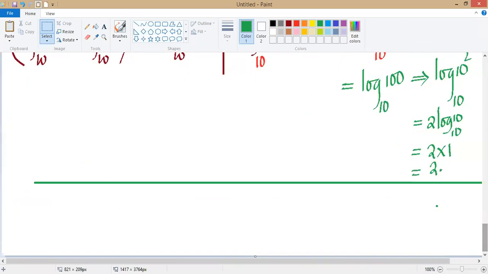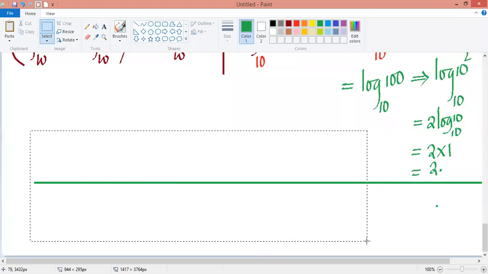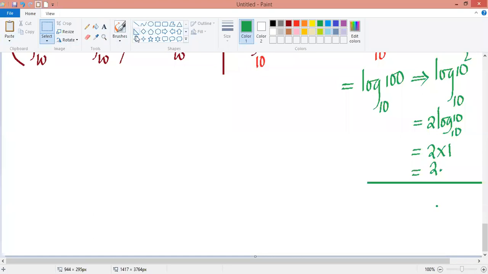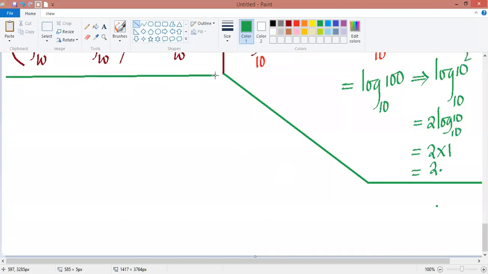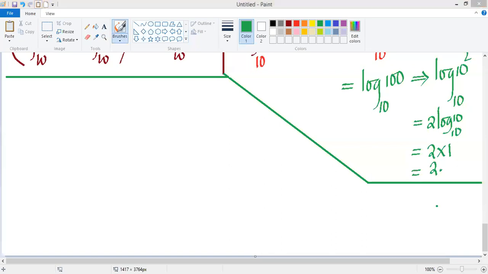Can we have one more question? Yes, sir. All right. Let's have one more question as we end today's discussion of simplification.